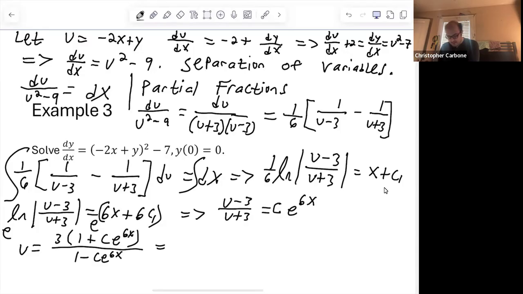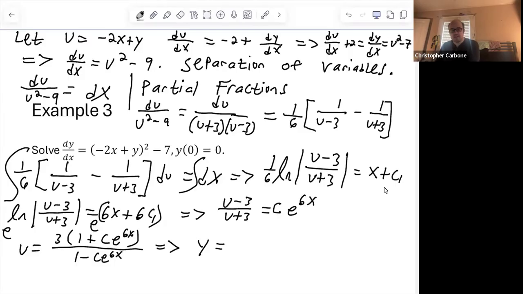So reapplying the substitution, since we had u is equal to negative 2x plus y, that means y would be equal to u plus 2x.